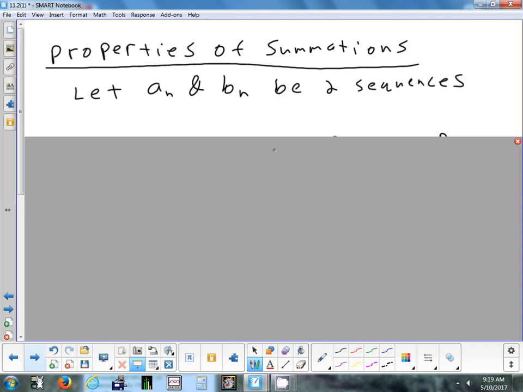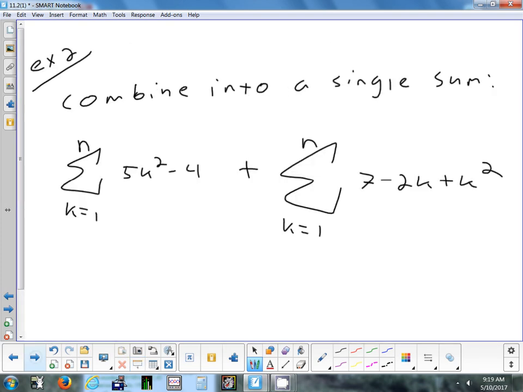Okay, before we do that, I want to look at a problem kind of like this. How can you take 2 separate summations and combine them together? And you pretty much do what you would kind of expect. It's like combining like terms. As long as these are the same and those are the same, you're good. You can combine like terms.